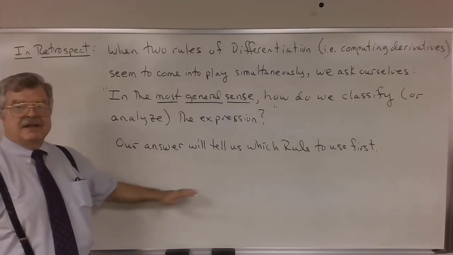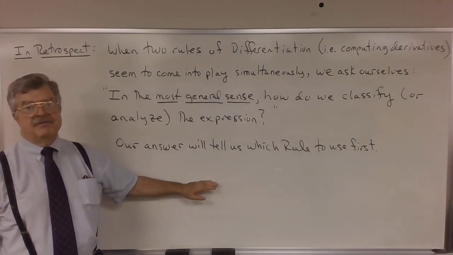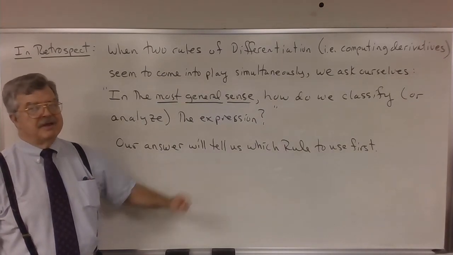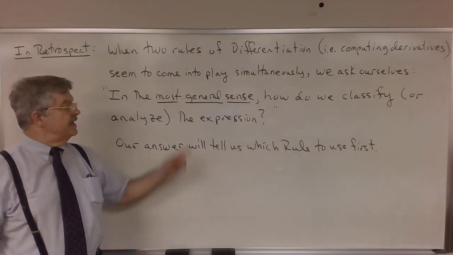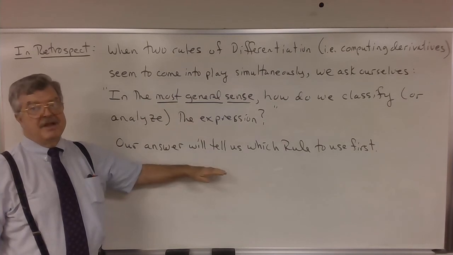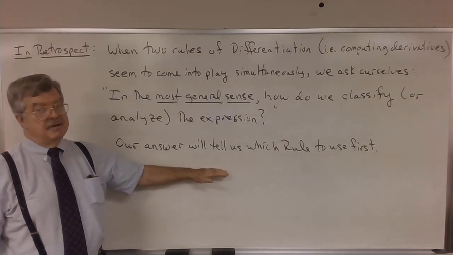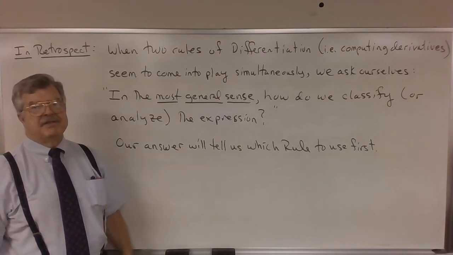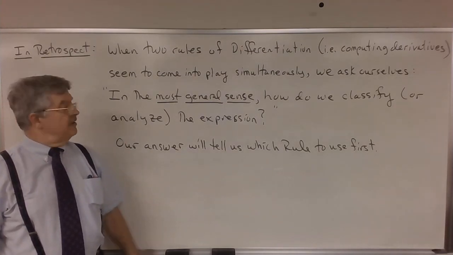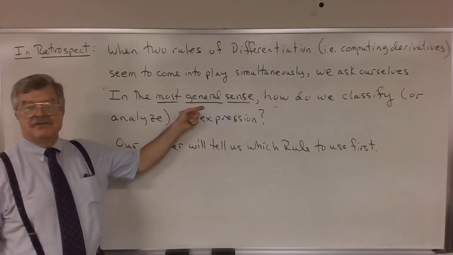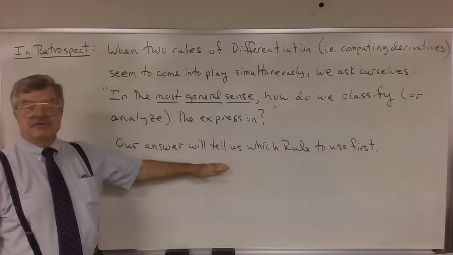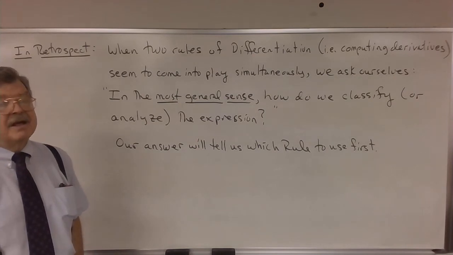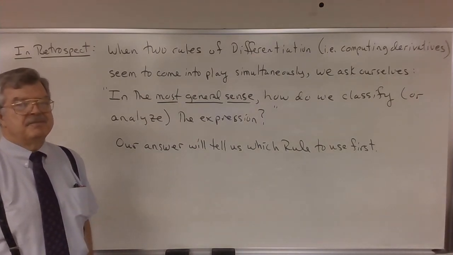If we analyze the expression as being a composite function, we use the chain rule and don't worry about the other rules. If it is a product, then we use the product rule and we don't worry about anything else. If it is a quotient, then we use the quotient rule first and don't worry about the other rules until we're forced to.